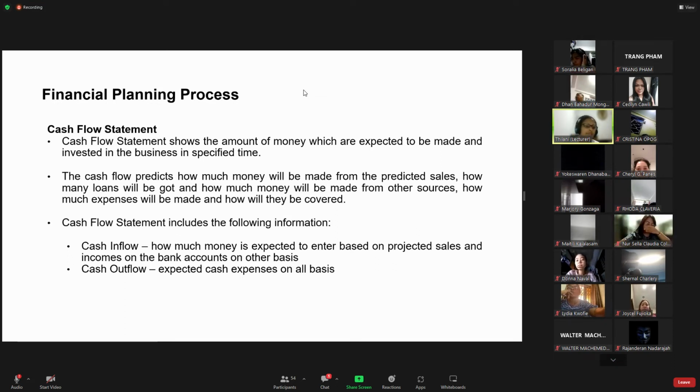It will include information like cash inflow: how much money is expected to enter the bank accounts based on projected sales and incomes and other bases. Cash outflow is the expected cash expenses on all bases. So basically inflow is what is expected to enter the company, outflow is what leaves the company, right?